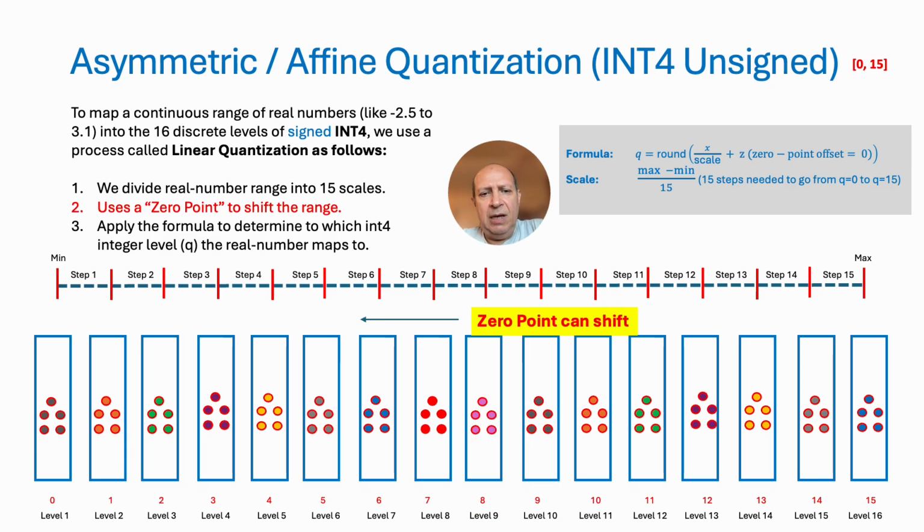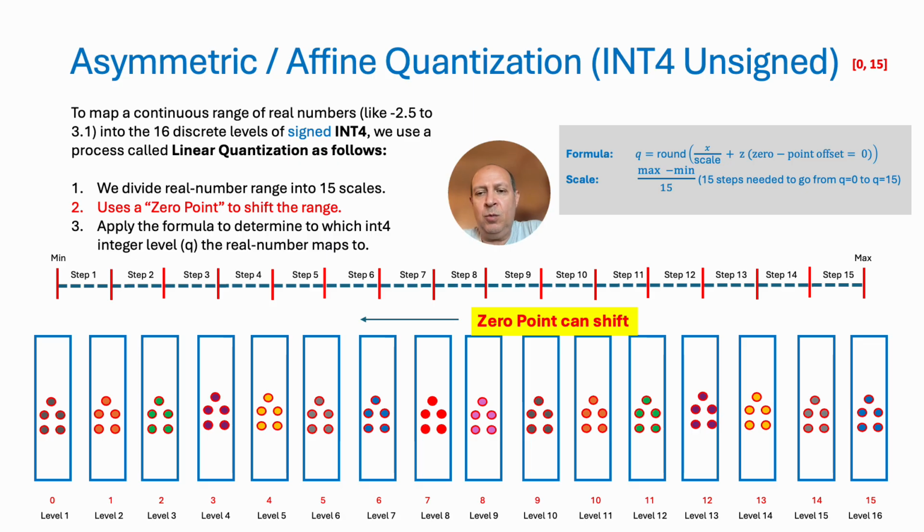Now let's talk about asymmetric, also called affine quantization. In this example, we are going to use integer 4 unsigned, meaning starting with 0 all the way to 15. We are not starting with quantization level -8 all the way to 7.